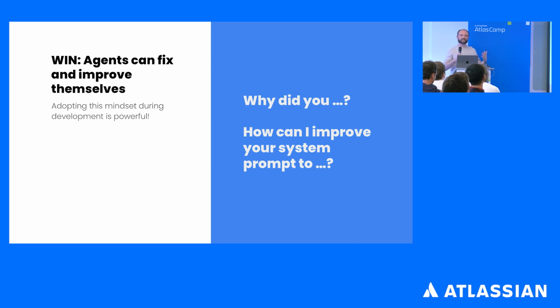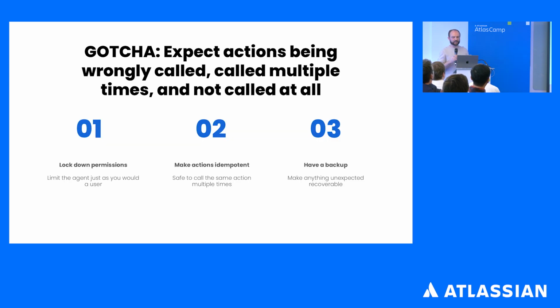I would say it was not 100% foolproof, but it definitely gave pointers of potential areas where it wasn't able to, because it knows its own system prompt and it has the ability to scrutinize that as well. And the second point, if you add a new capability, this does pretty well actually. How can I improve your system prompt to do X? And the Rovo agent in the chat will spit something out, and it's a good starting point, much like a co-pilot in an IDE.